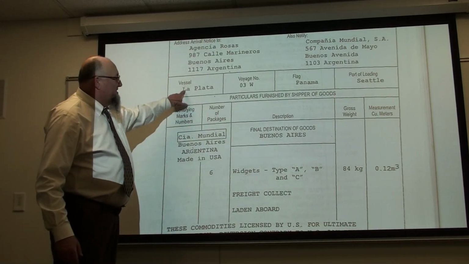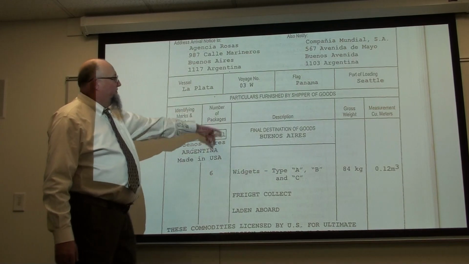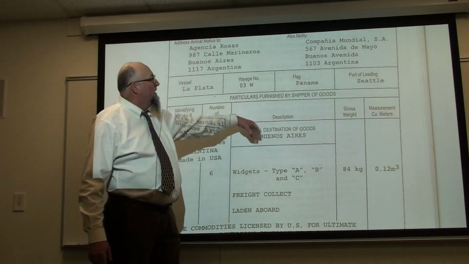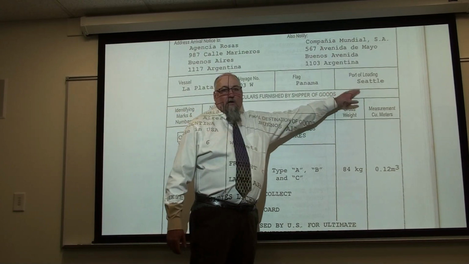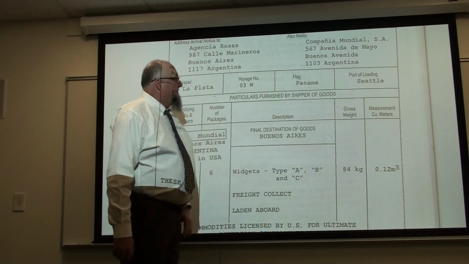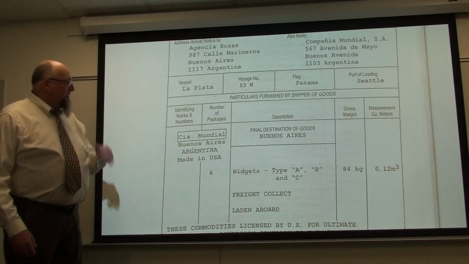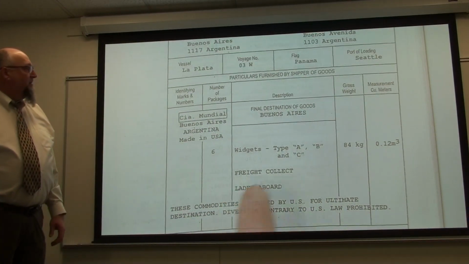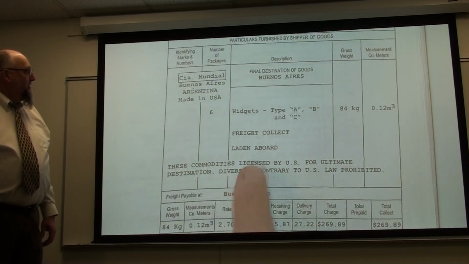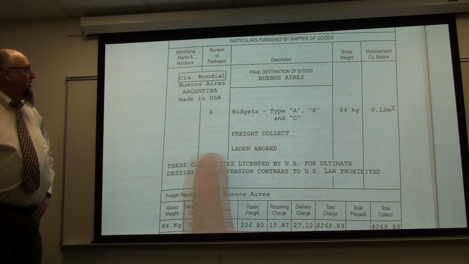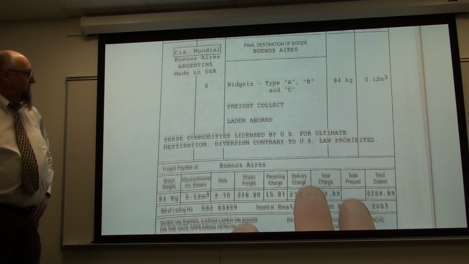So this is going to be the contract of carriage. This is the ship, the La Plata, voyage number 03W, Panamanian flag. The cargo is going to be loaded there in Seattle. The final destination is Buenos Aires, with the gross weight of what has been loaded. It's been put on board, 6 widgets.